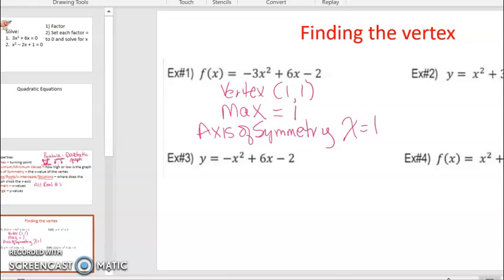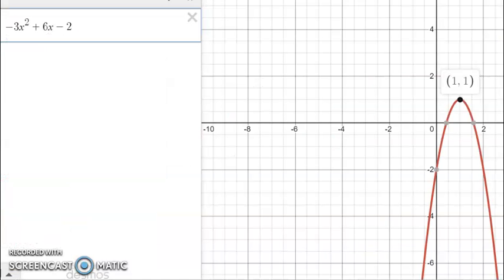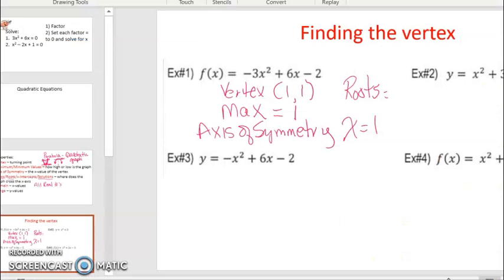Now, let's look at another thing. Another thing was roots, or your solutions, or your x-intercepts. So let's see what that looks like. Now our x-intercepts are here and here. And that would be 0.4 and 1.6. Okay? Now let's talk about domain.